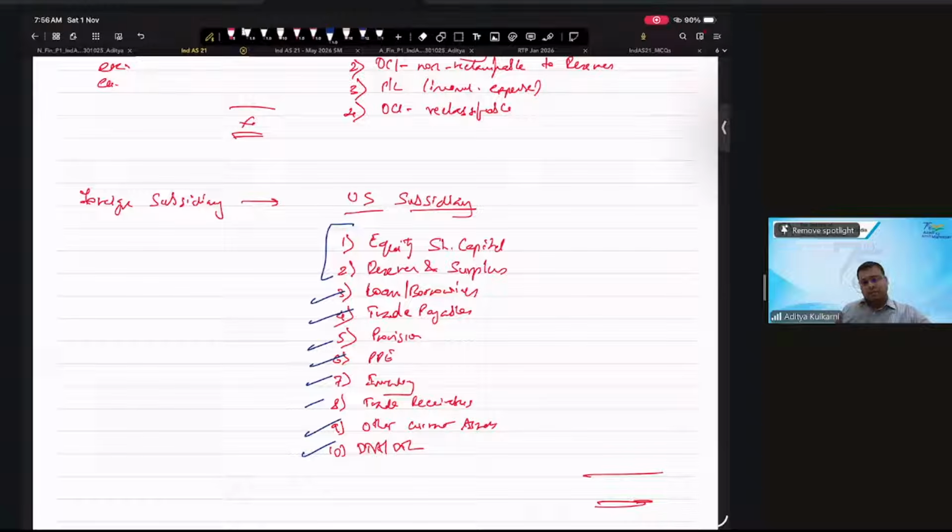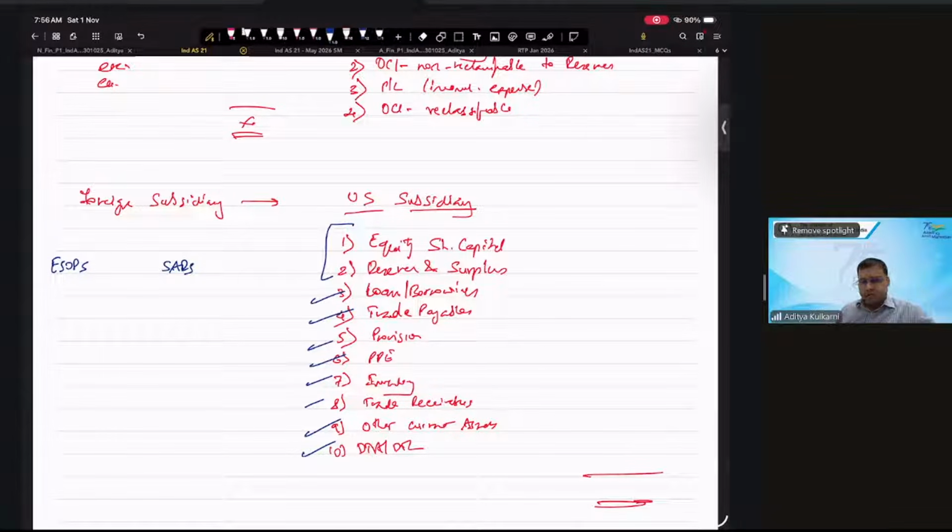It cannot happen like this. Why? You remember we had done Ind AS 102? Yes, sir. In Ind AS 102, we had studied two instruments. One was ESOP and the other was SARs. Do you remember this?